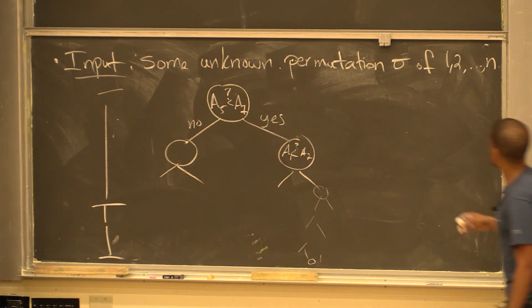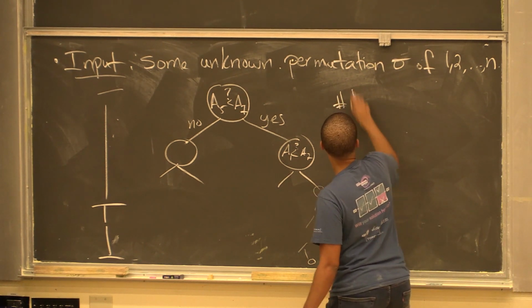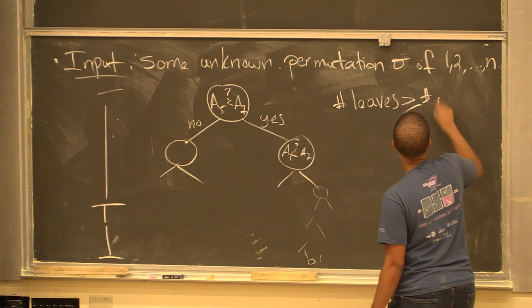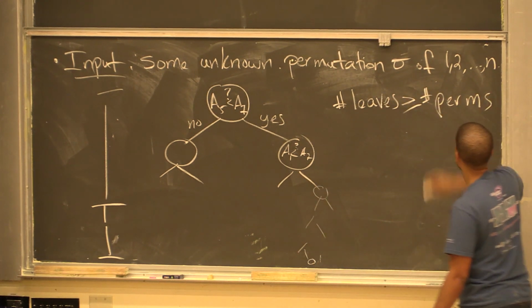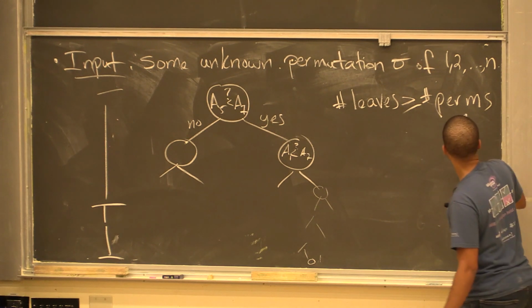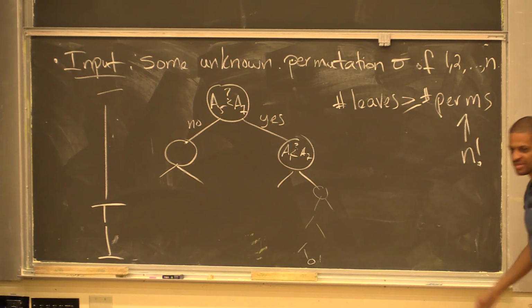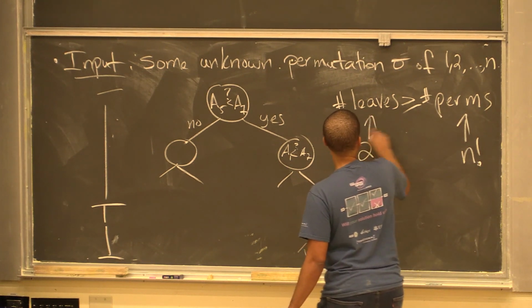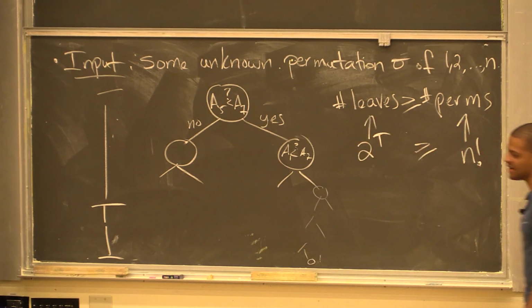So the number of leaves had better be at least the number of permutations on 1 to n, which is n factorial. The number of leaves is 2 to the t. So 2 to the t is at least n factorial.